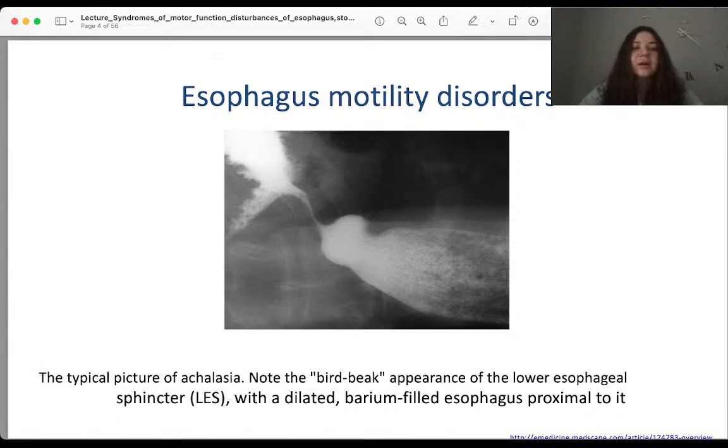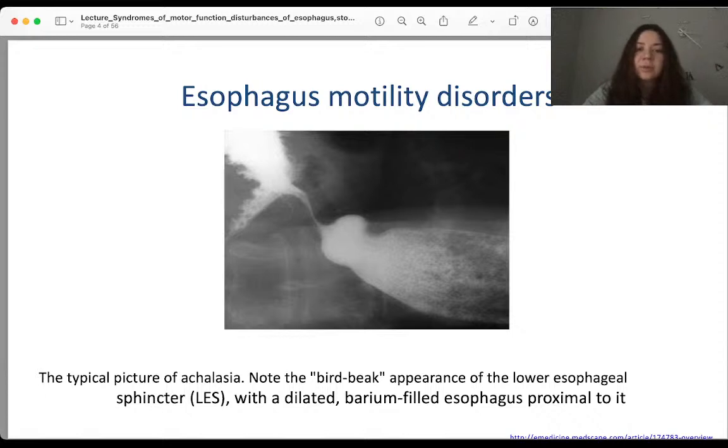Here you see one of the typical esophageal motility disorders. It is a structural disorder that disturbs the passage of food, of contents, through the esophagus. We name it achalasia, or narrowing of the esophagus.